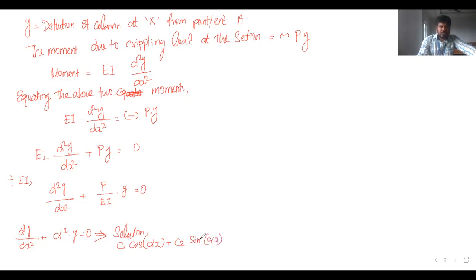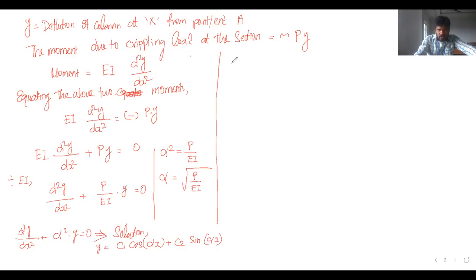Here, alpha squared is equal to P by EI. Therefore alpha is equal to root under P by EI.